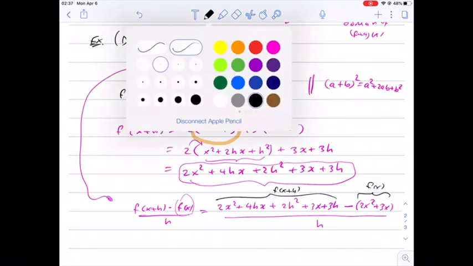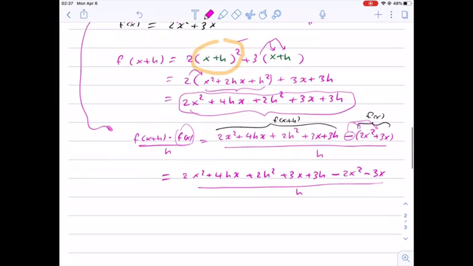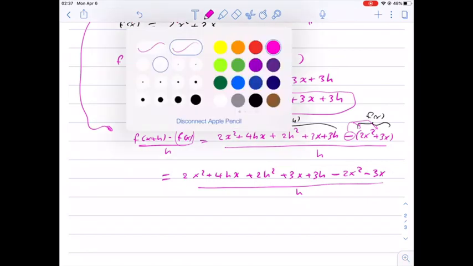So this is f of x. Now we simplify more. So this is 2x squared plus 4hx plus 2h squared plus 3x plus 3h minus, now we insert this negative sign into this expression, so we get negative 2x squared minus 3x, all over h.